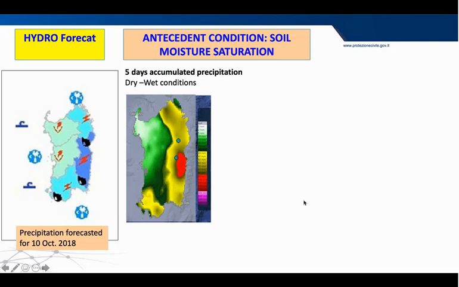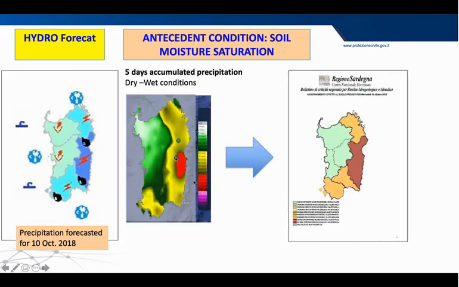So if we had used the antecedent condition using the rain gauges, for example, in the previous 5 days, we have this kind of forecast, this kind of precipitation occurred, and so this is the hydrological and hydraulic bulletin related to this event.